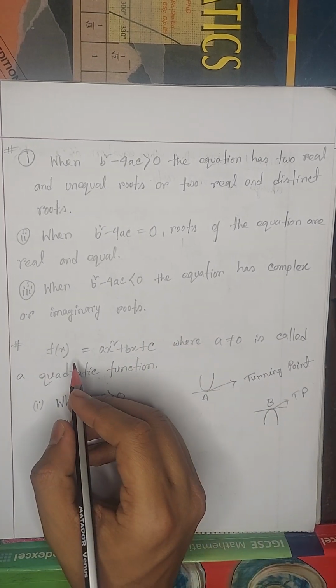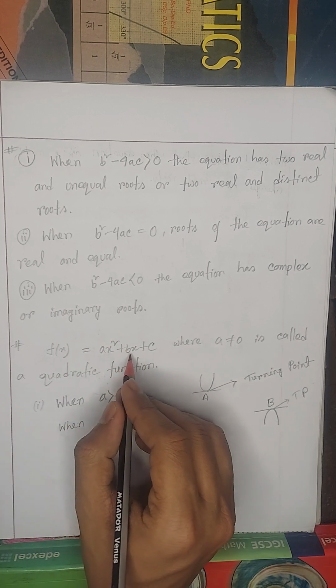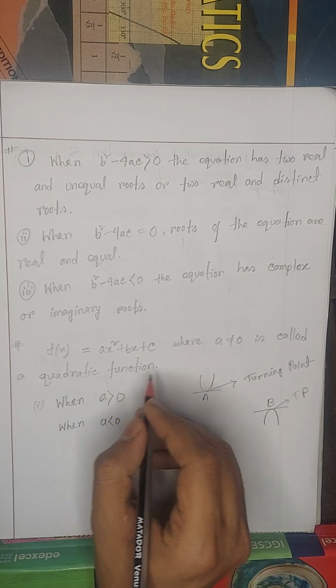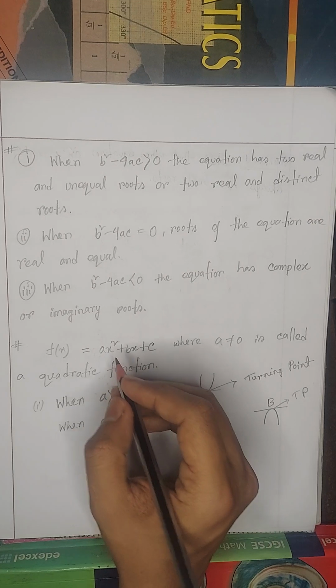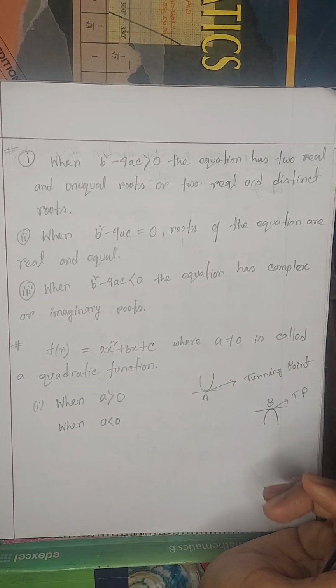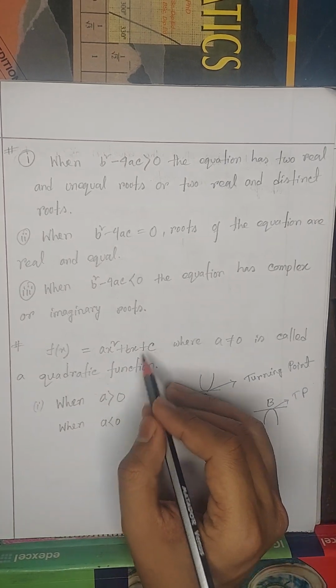Now this equation ax square plus bx plus c will be a function, called a quadratic function, when a is not equal to 0, and the value of a determines the nature of the turning point when we sketch the graph of this equation.